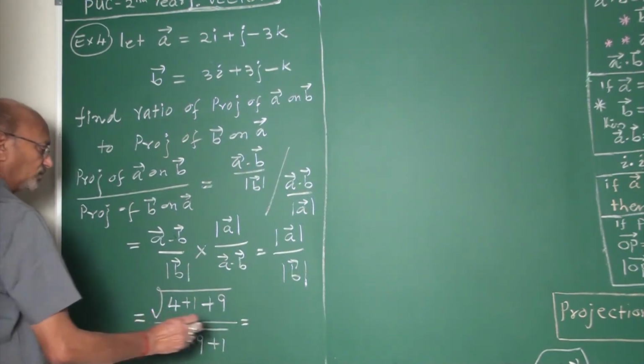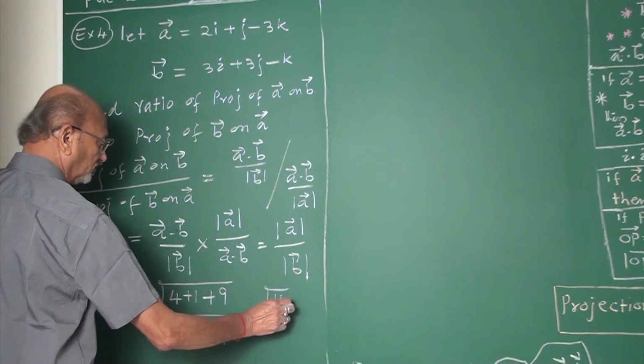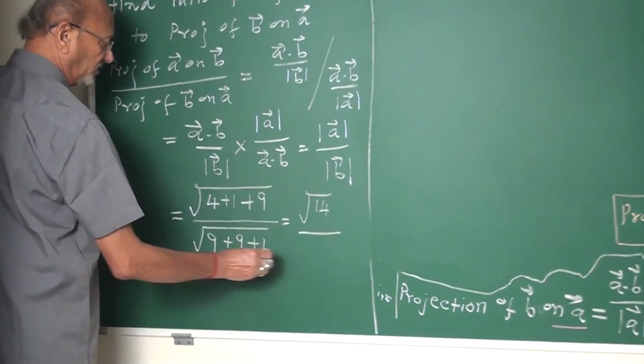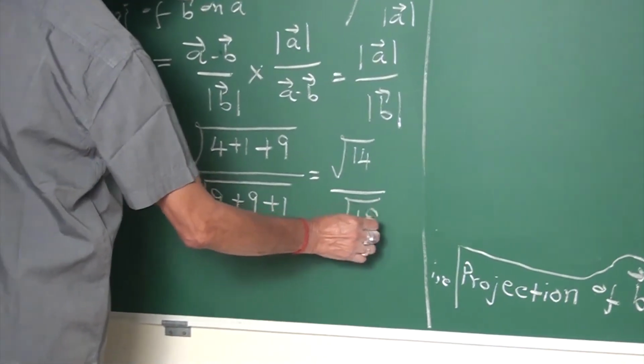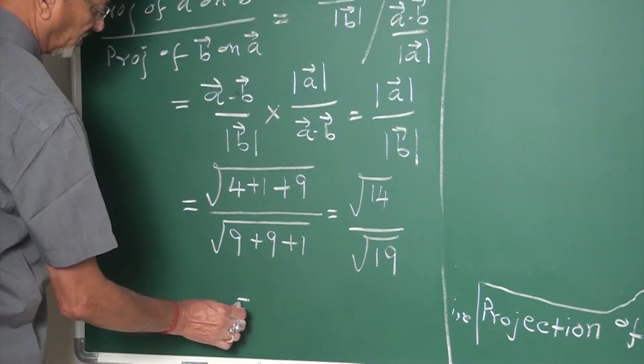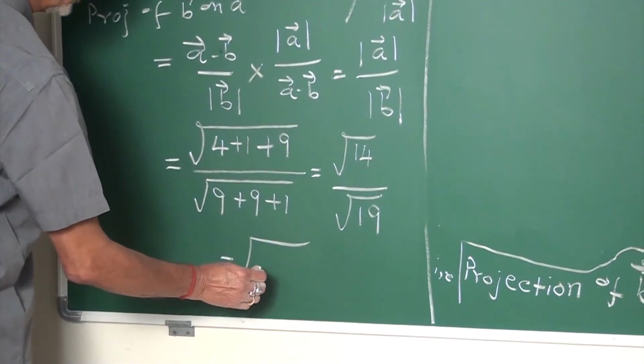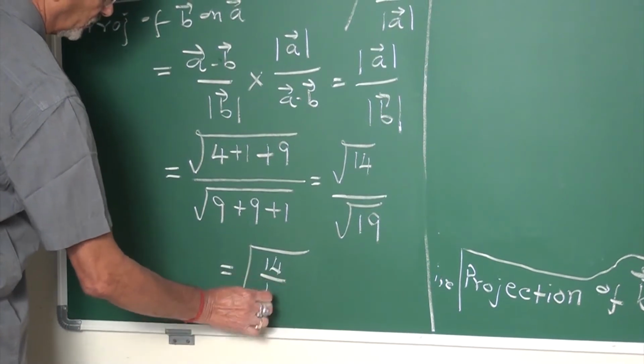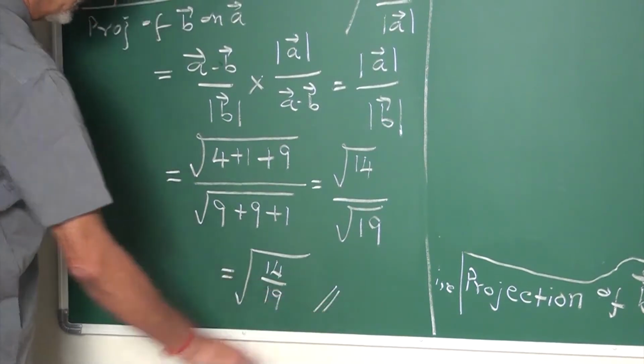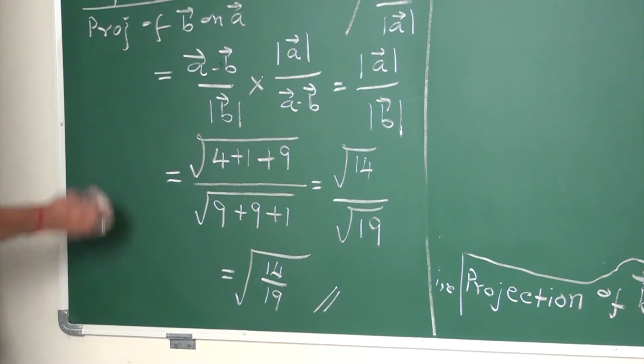It is root 14 upon root 19. Using the properties of surds, you can write it as 14 upon 19 is the answer.